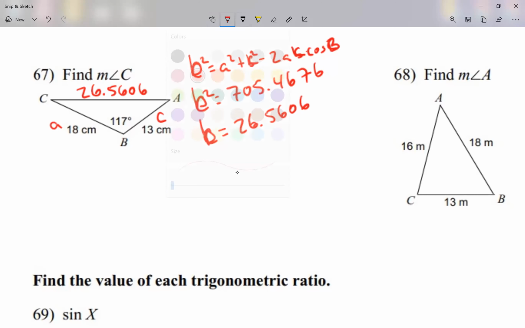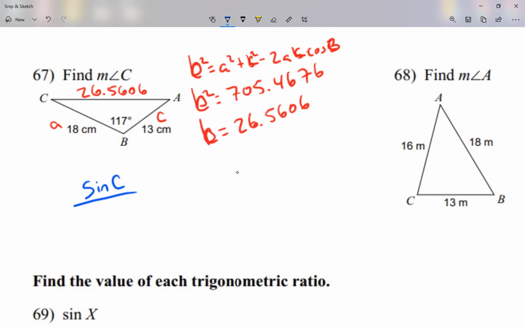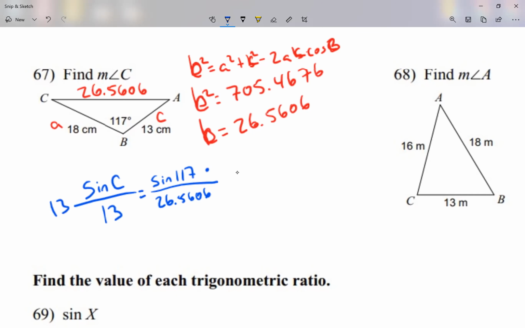Now I can use the law of sines because I have angle B and side B, and I'm solving for angle C. So I'm gonna say sine of C over 13. So sine of C over side C equals sine of 117 over 26.5606. Let me multiply both sides by 13.